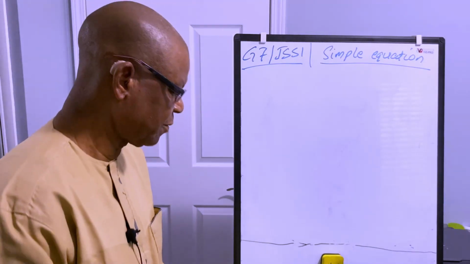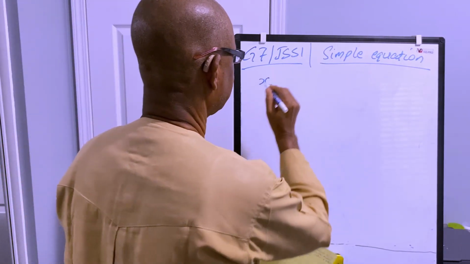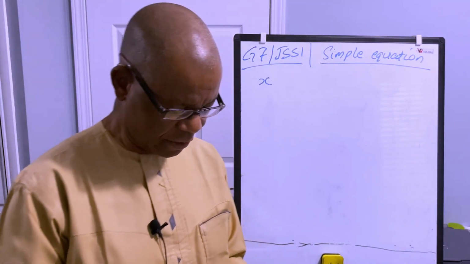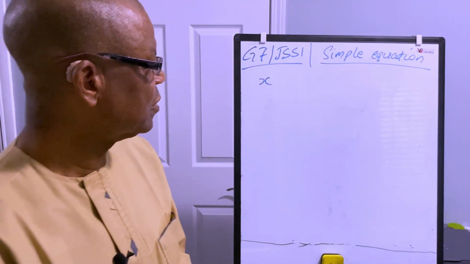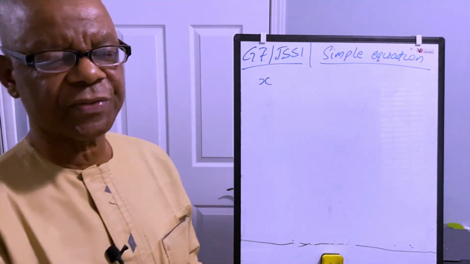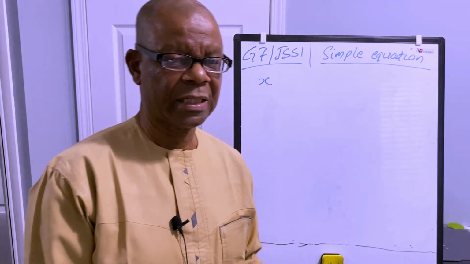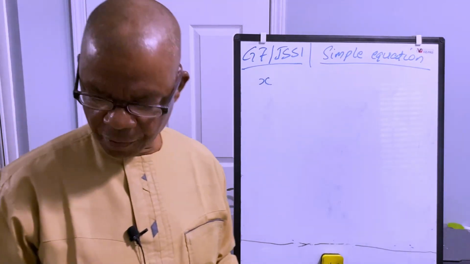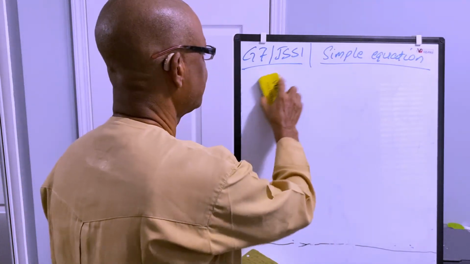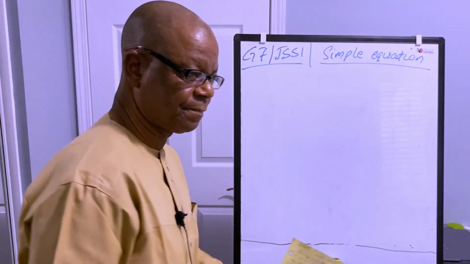When you just have something like x, without any power written, it is automatically raised to power 1. And so in our simple equation, we will involve a variable of first degree, that is a variable raised to power 1. That is what we'll be treating in this simple equation.